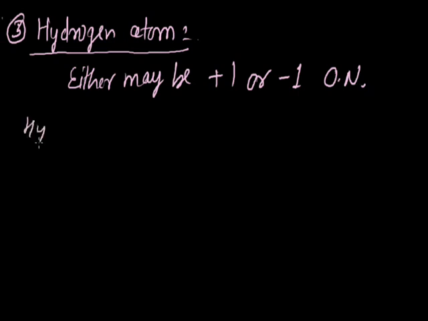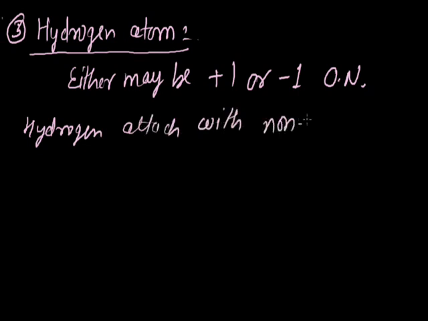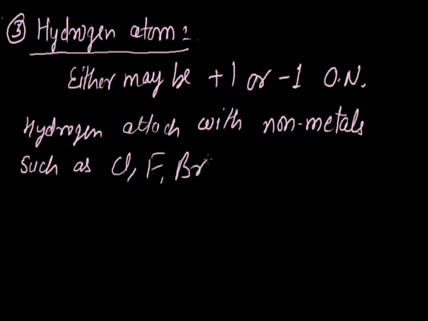When hydrogen attaches with non-metals such as chlorine, fluorine, bromine, sulfur, oxygen, etc., it acquires a +1 OS. In this case, it has +1 oxidation number.